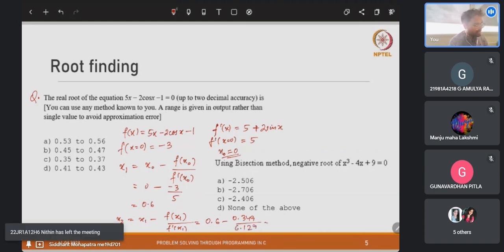So I calculate this, I get 0.6 minus 0.349 divided by 6.129, so it is 0.543, right? Now this is the second iteration, so till when do you have to continue this? It has been asked up till second.